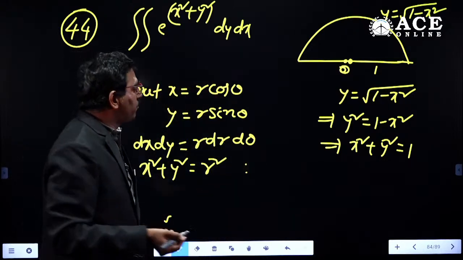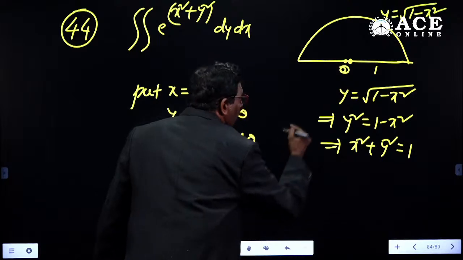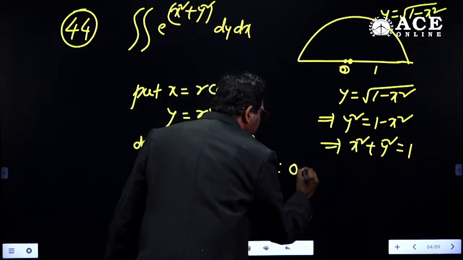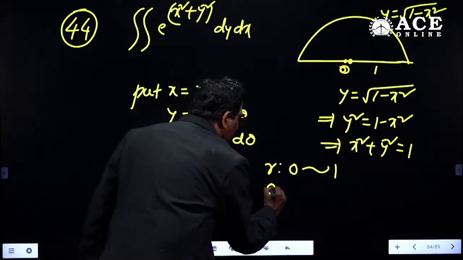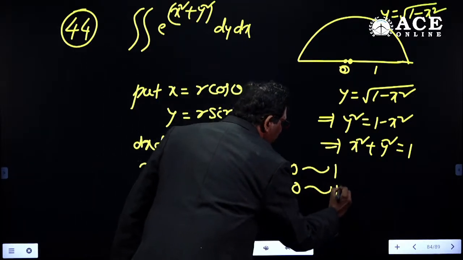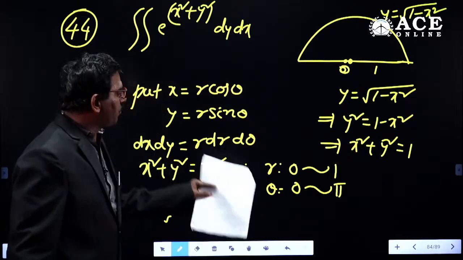Now limits also I will change. xy coordinates will convert to polar coordinate limits. r means radius. Radius varies from 0 to 1. Theta is nothing but 0 to pi only, because it is a semicircle, 0 to pi only.